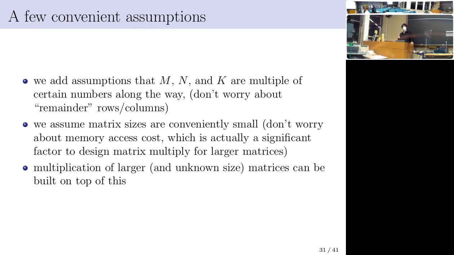So it's actually a very important topic in its own right. But for this exercise, we are focused on how you optimize things that happen in the processor without worrying too much about how you get the data from the memory. So the assumption that matrices are very small is very convenient.